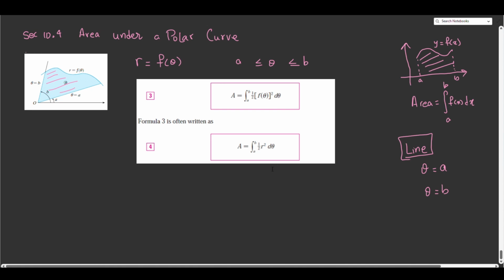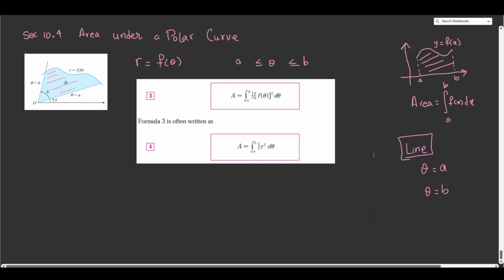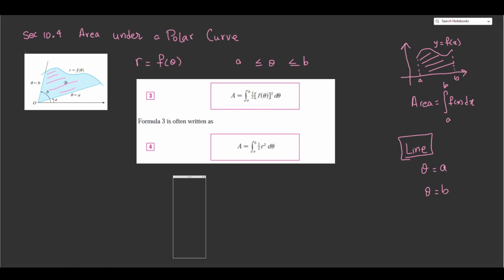So this is the formula you need to remember when you have to find the area under the polar curve. Here we are integrating with respect to theta. So this is our formula for finding the area under a polar curve.